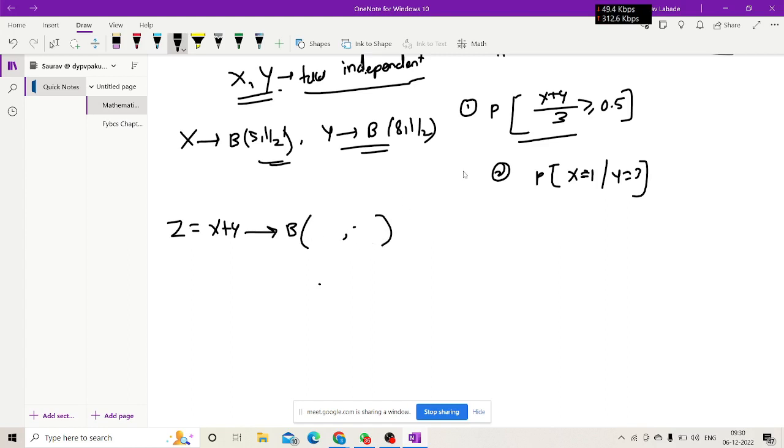You already know the additive property: if x is binomial n1, p and y is binomial n2, p, then x plus y is binomial n1 plus n2, p. Here it is 5, 1 by 2 and 8, 1 by 2. Then what will be z?